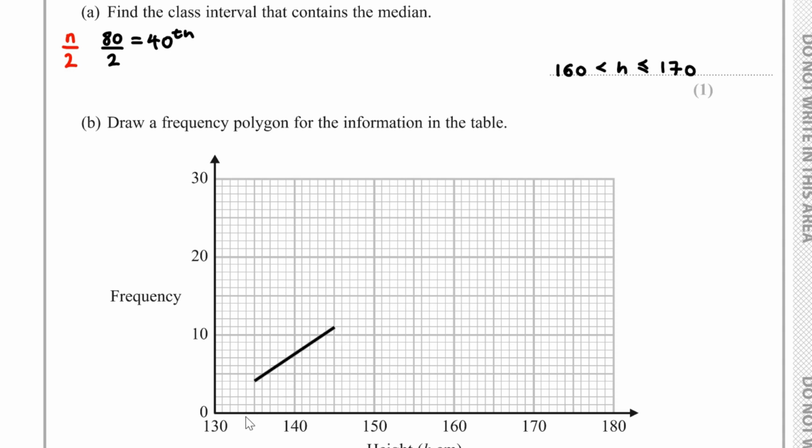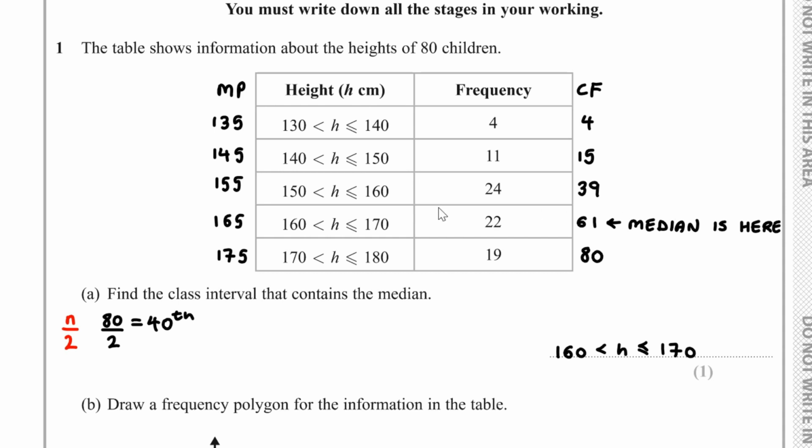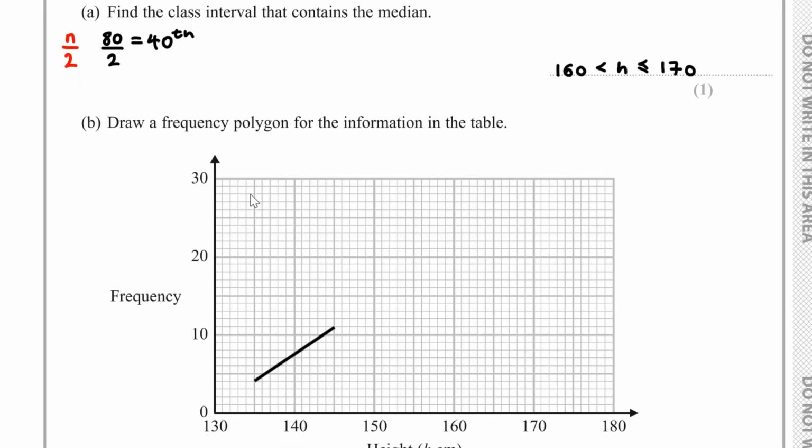That goes over here. We then join this point up to 24 with 155, so 155 is here, and then we join this up to 24, so here we've got 21, 22, 23, 24.